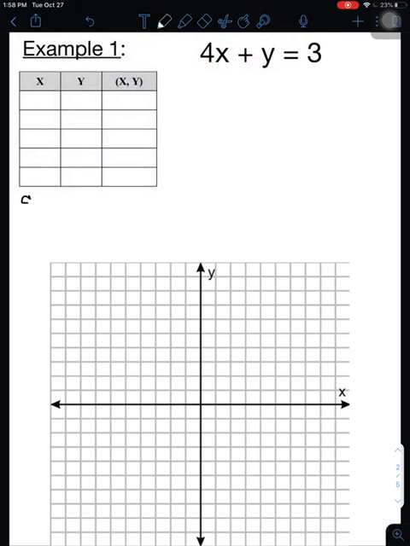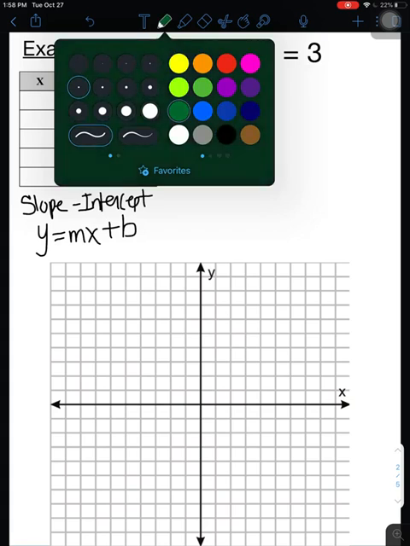I'm going to write it here. Slope-intercept looks like y equals mx plus b, where the y is all by itself, on the left side of the equation.